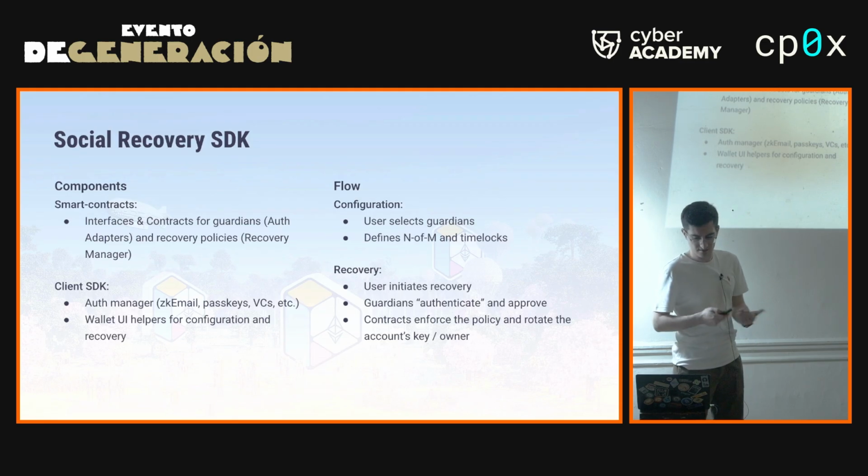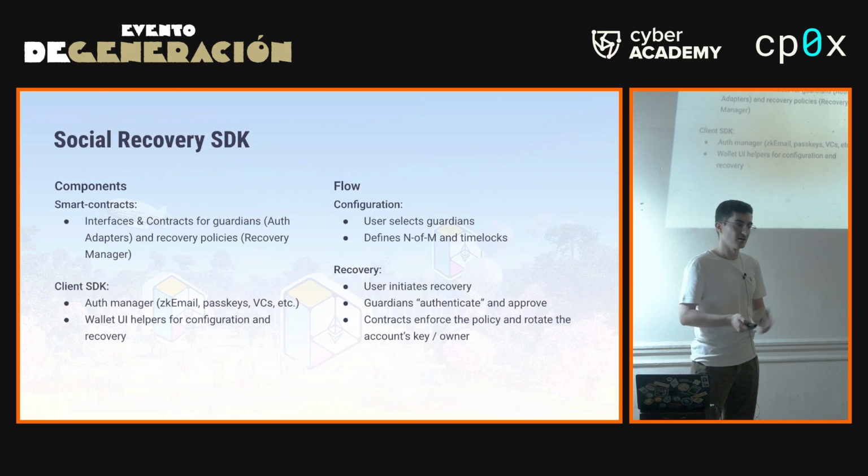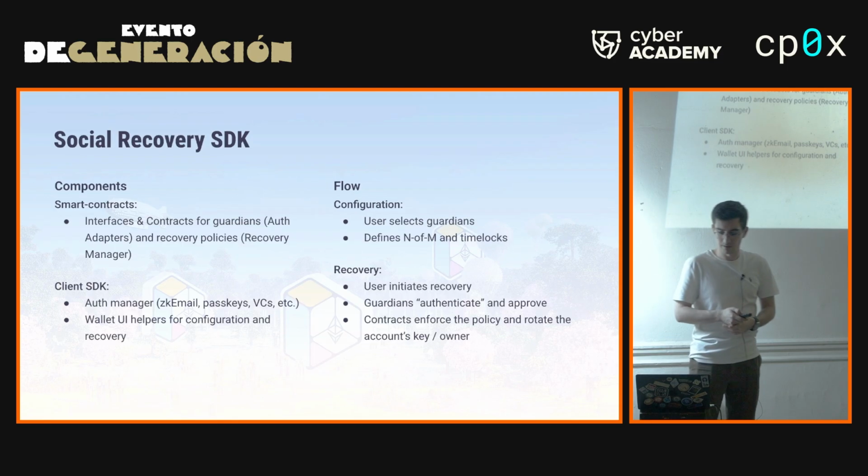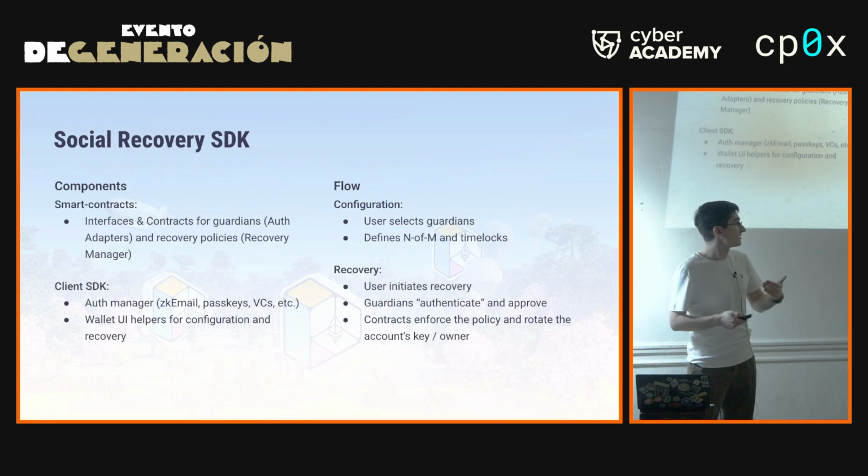The client SDK is kind of similar in that sense. It consists of an auth manager, basically a bunch of different auth methods like ZK email, passkeys, verifiable credentials, etc., and wallet UI helpers for configuration and recovery. For the general flow: for configuration, you open the wallet settings, you pick auth methods and guardians, the number of guardians, and you define N of M and time locks.